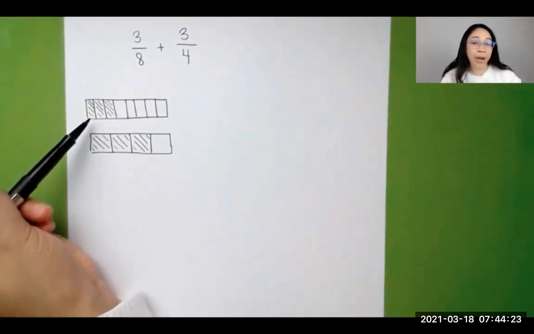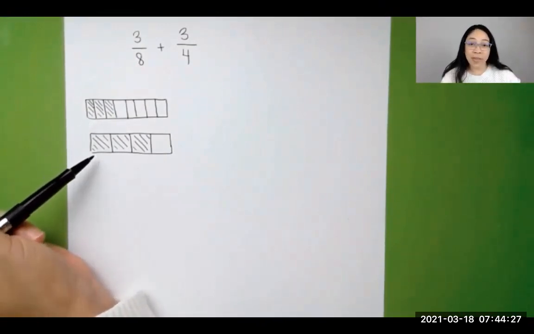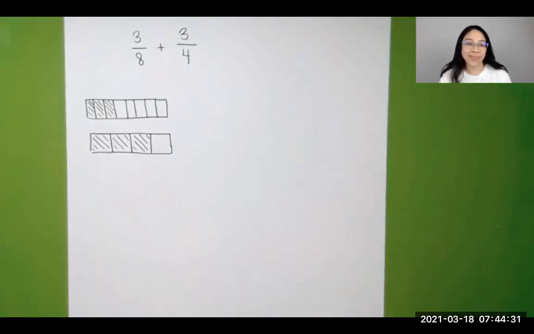The first diagram shows eighths. The second diagram shows fourths. Is one of the denominators a factor of the other? Yes, 4 is a factor of 8.